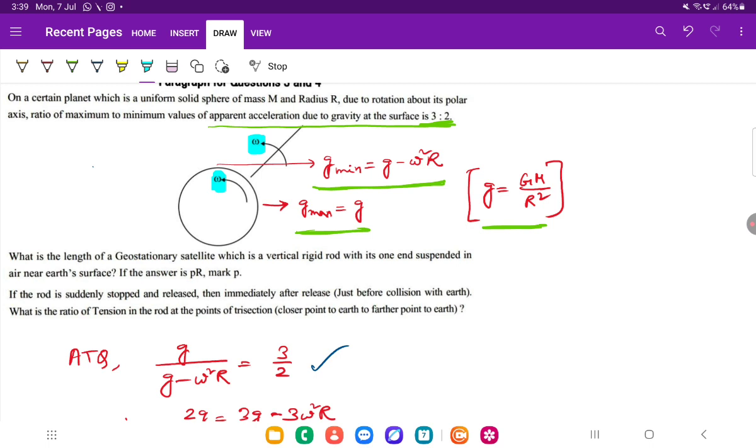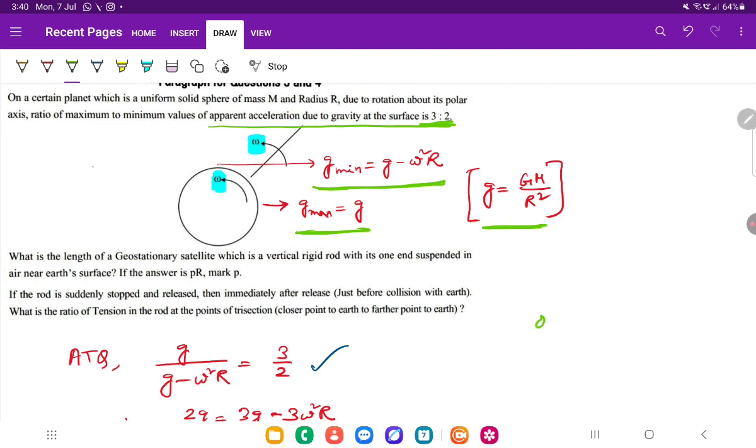What is the concept? Geostationary satellite means that when you sit in the frame of the planet, you will observe the satellite as static. And for that, what should be the condition? The omega of the planet and the satellite should be the same. If the angular velocity is the same, you sit in the frame of anyone and you will always see the other one in your line of vision, right?